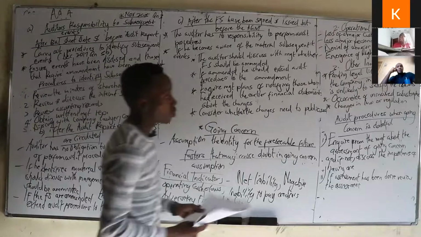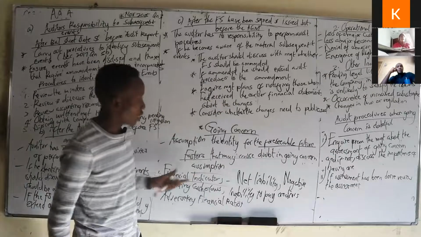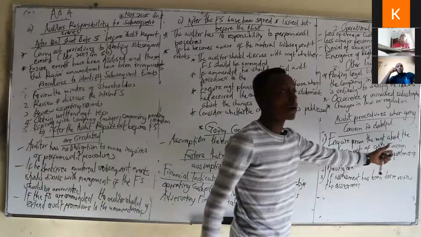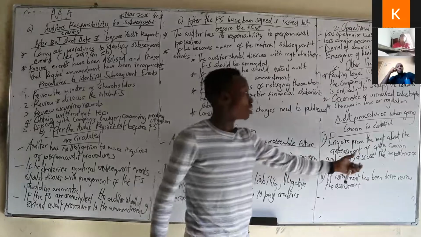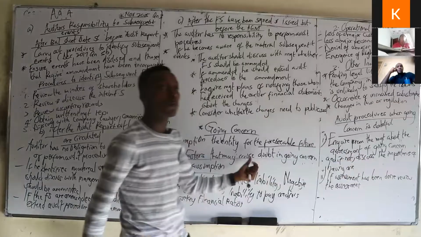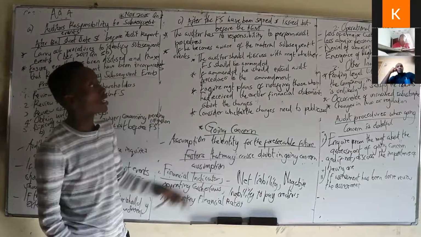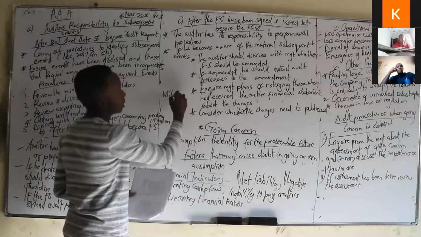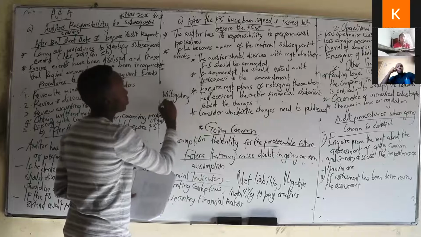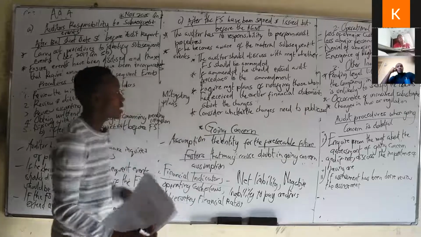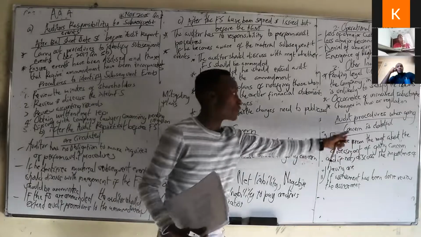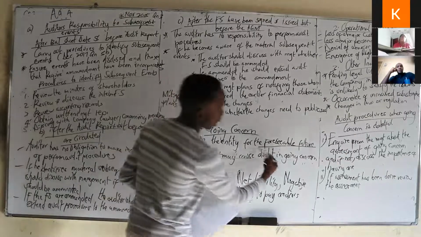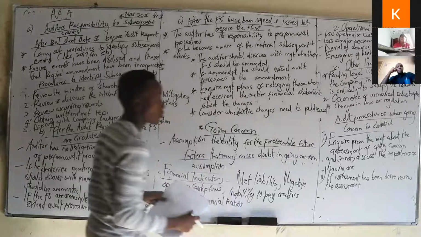So once the management has assessed that the company is not going to continue in its operation for the foreseeable future, it is up to the management to come up with what we call the mitigating plans. Now, to explain what mitigating plans are, these are actions that the management will take to ensure that the company operates for the foreseeable future.